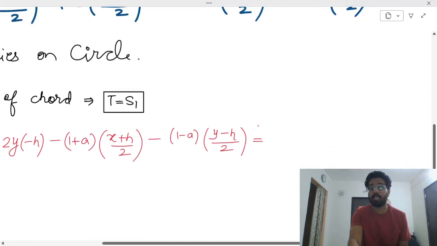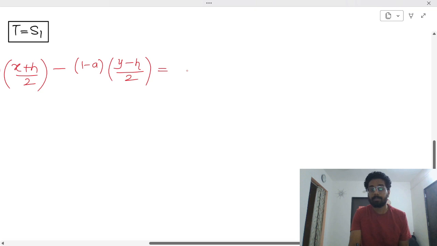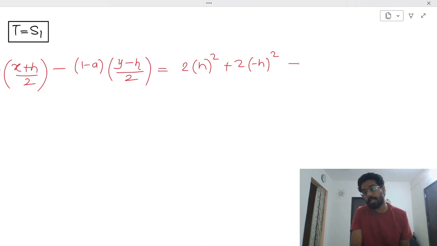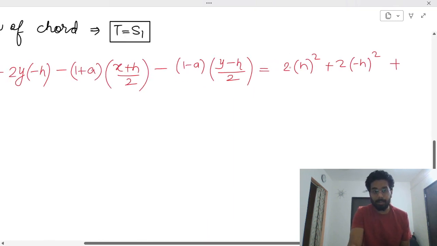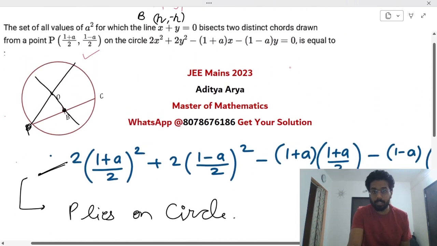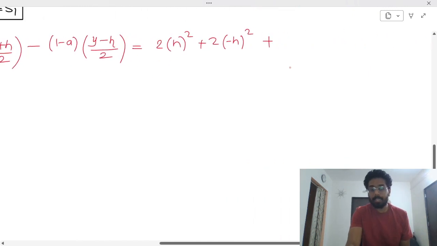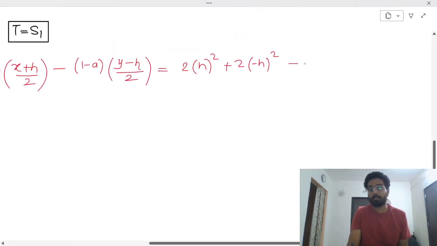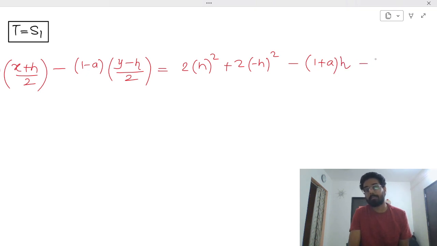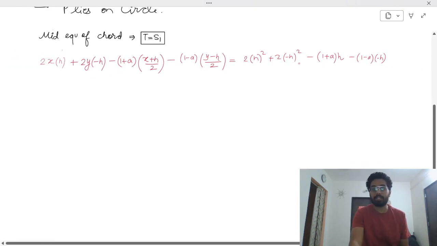So putting it over here, what we get is 2 of x1 whole square plus 2 of minus h whole square, minus (1 plus a) into h and minus (1 minus a) times of minus h. This is S1. So what we have is T equals S1.